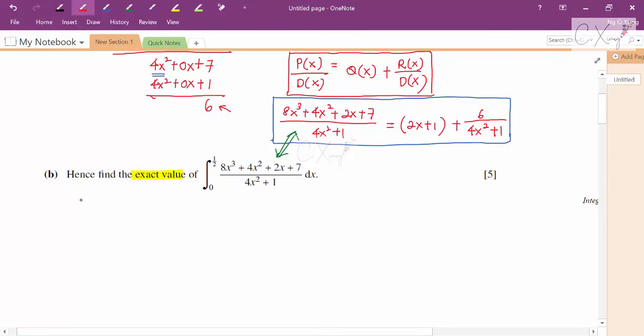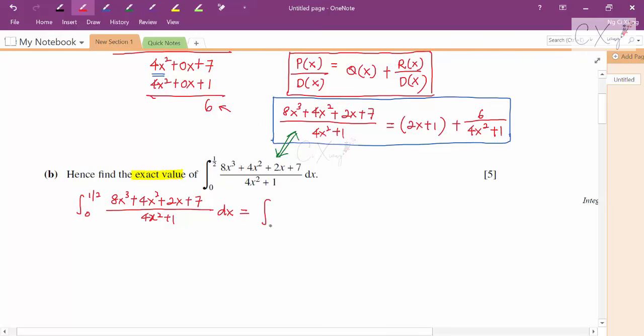Let's start now. Let me copy the question first. I have the integral from 0 to half of 8x cubed plus 4x squared plus 2x plus 7, divided by 4x squared plus 1.